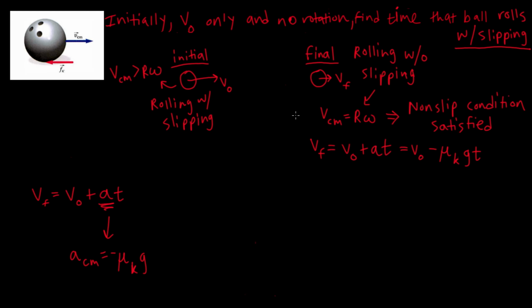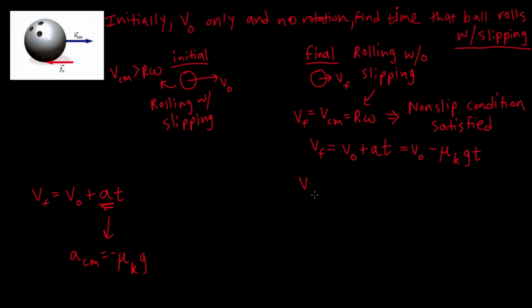And so notice that in the final state of the object, the velocity of the center of mass is going to reach a final velocity because it's going to become decreased by the force of kinetic friction. So it's going to reach a final velocity.